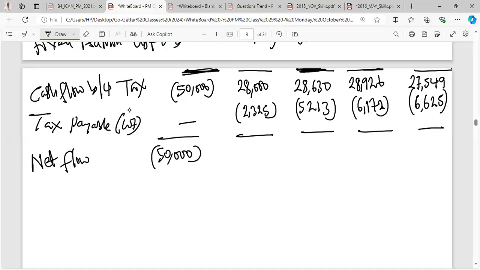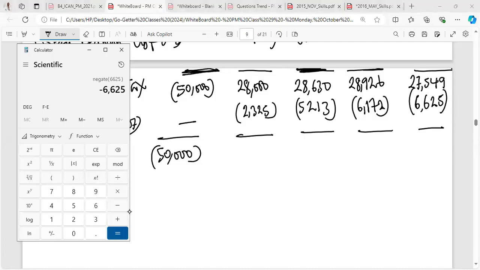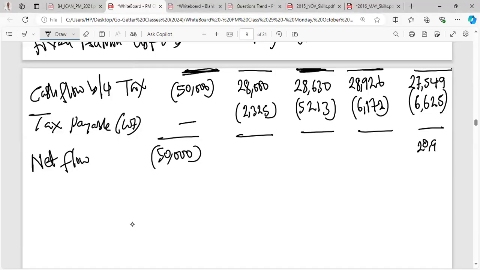I have this figure, so let me just use it immediately. 27,549, 2,924. Rearrange it well.